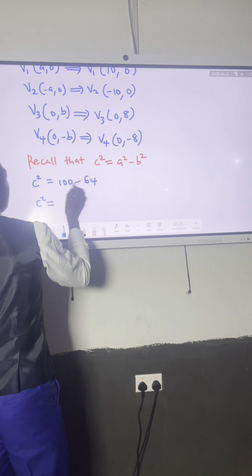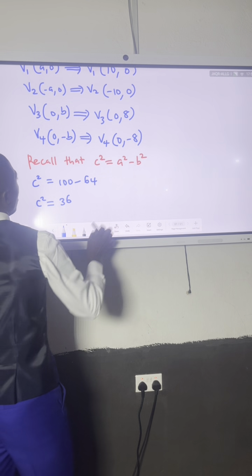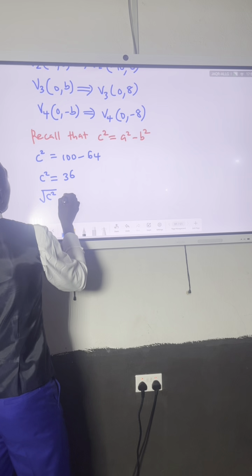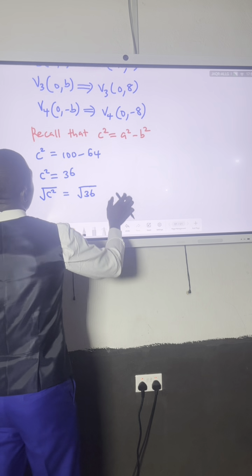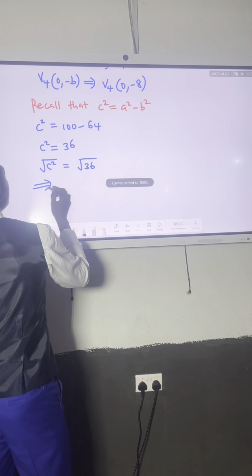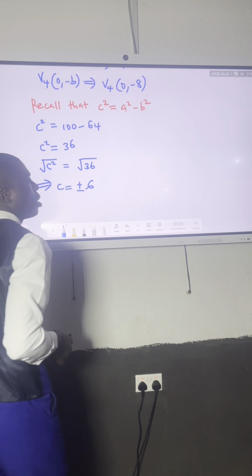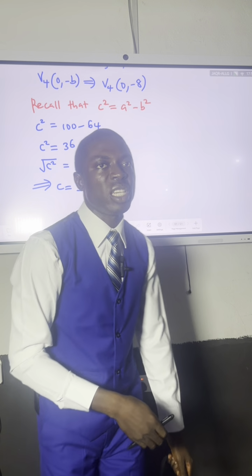Now, c squared is equal to 100 minus 64, you get 36. Take square root of both sides. You have square root of c squared is equal to the square root of 36, meaning that c is equal to plus or minus 6. That means c is 6 or c is equal to minus 6.